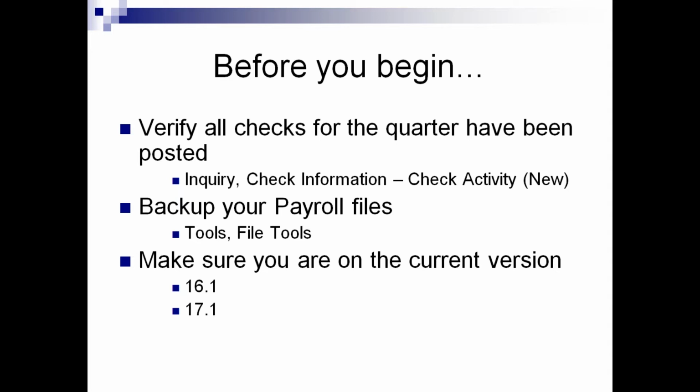Remember that going out to Windows Explorer and backing up your files in just your main data folder is not going to pick up all the pieces. Anytime that you do a backup or a copy of your files, you need to be sure that you use tools, file tools, because that will pick up all the pieces.